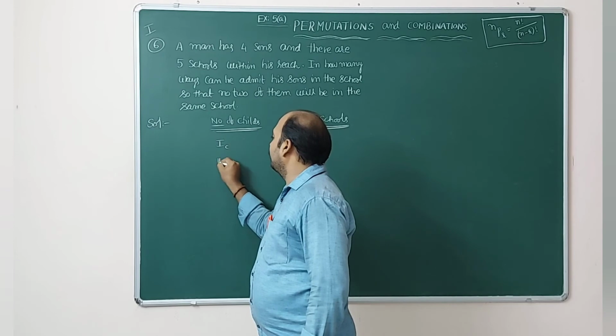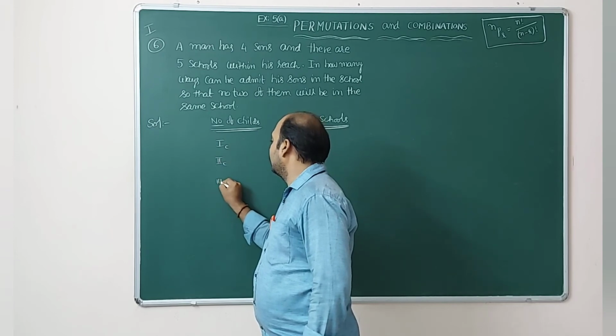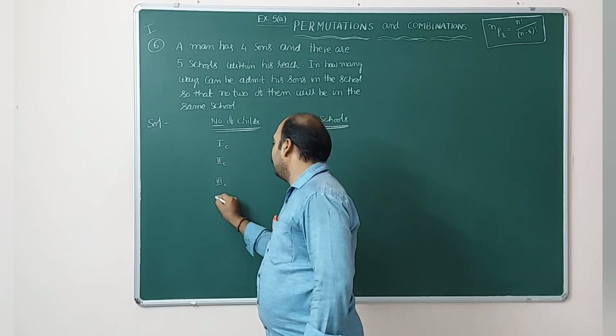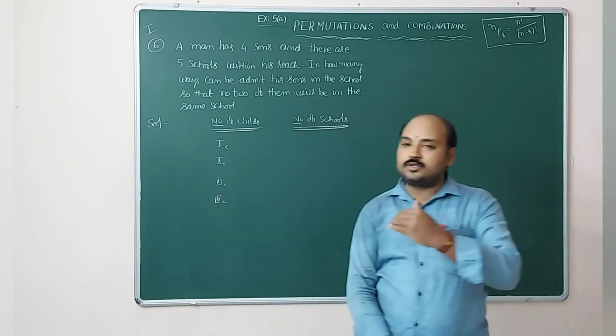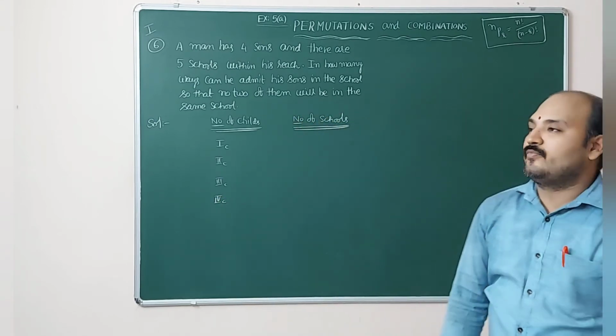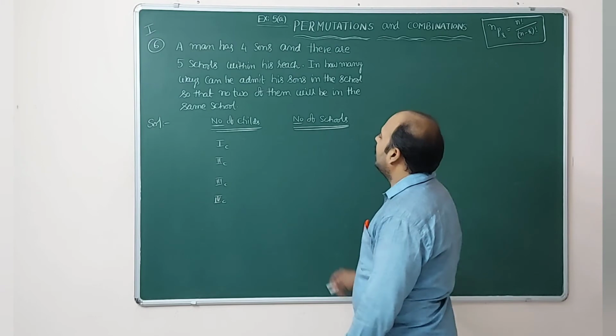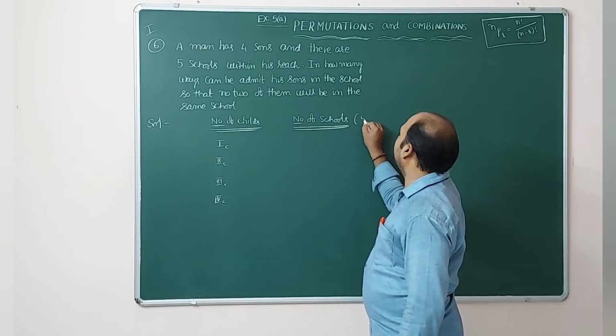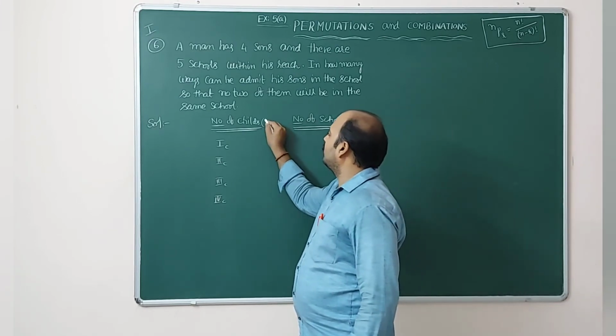First child, second child, third child, fourth child. 4 children are there. At the same time, how many schools do we have? 5 schools we have here. 4 children.